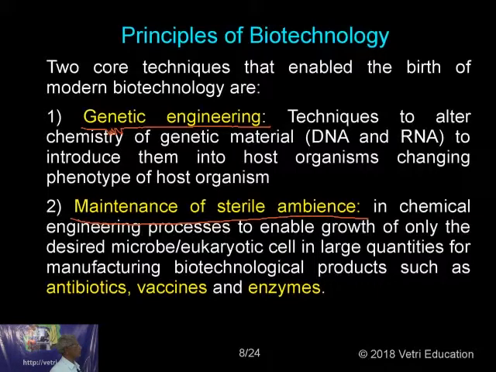Genetic engineering involves techniques to alter the chemistry of genetic material, that is DNA and RNA, and to introduce them into host organisms, changing the phenotype of the host organism. This is the first core technique. It involves altering the chemistry of genetic material such as DNA and RNA.